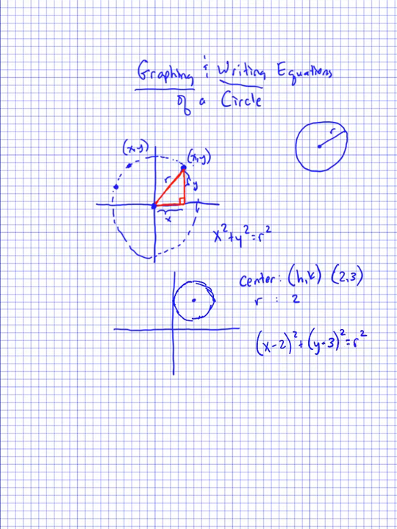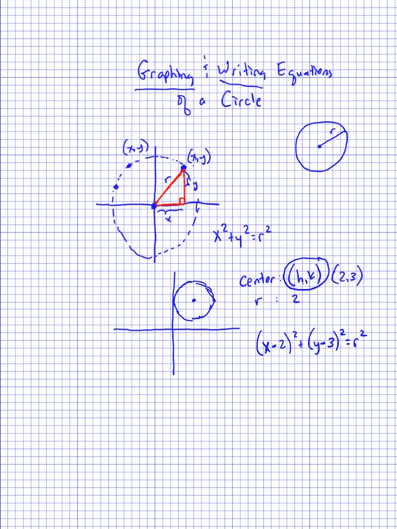Now again, that's for any point where the center is h, k. So it's x minus the x value and y minus the y value. You can see here when it's in quadrant 1 where both x and y are positive, it looks like this: (x minus 2) squared plus (y minus 3) squared.